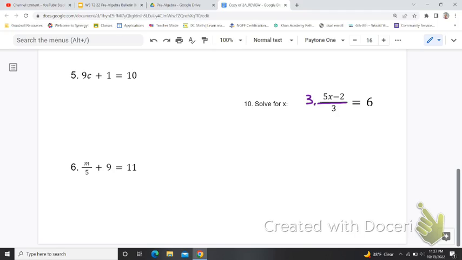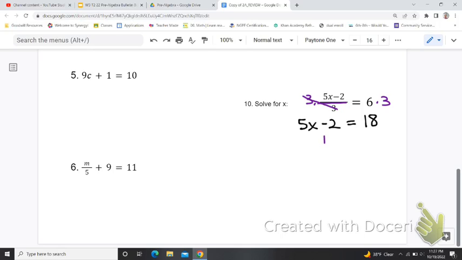So we'll multiply by 3. That will undo this division so that we simply have 5x minus 2. They don't actually become a 15 or anything because we're just getting rid of the divide by. On the other side, though, where there was no fraction, we do 6 times 3 is 18.